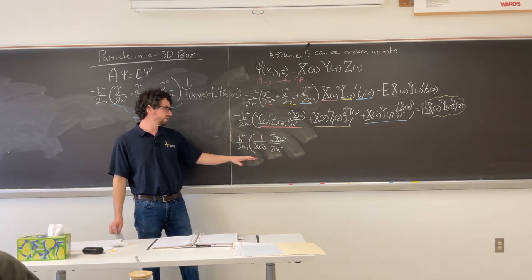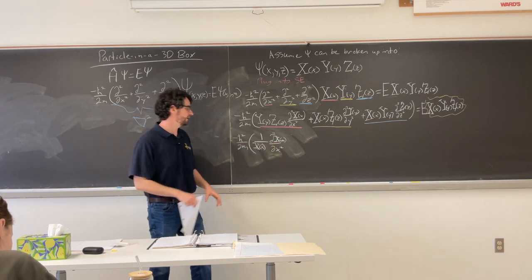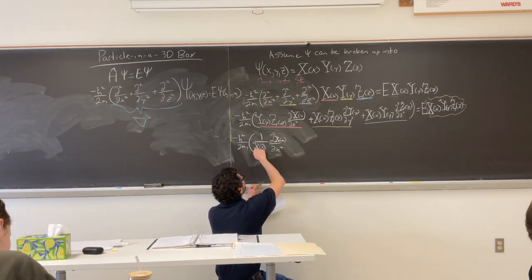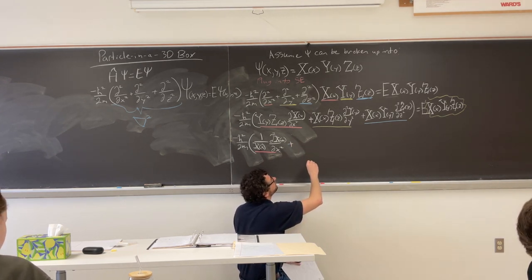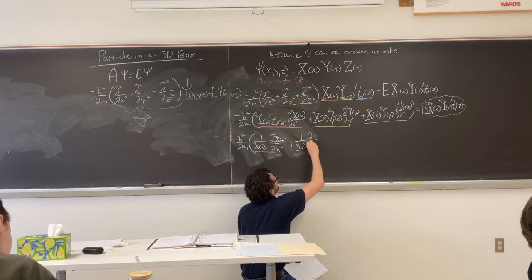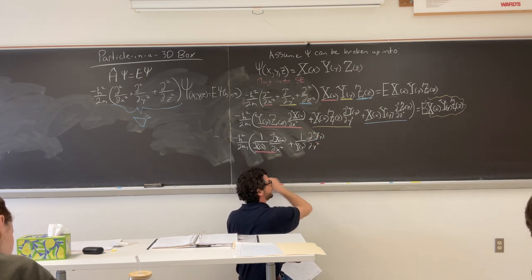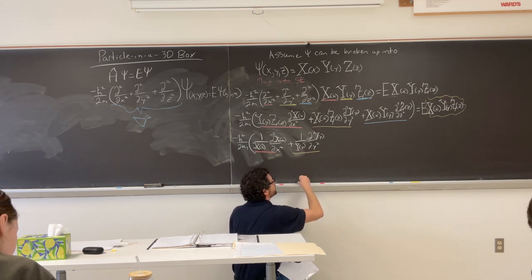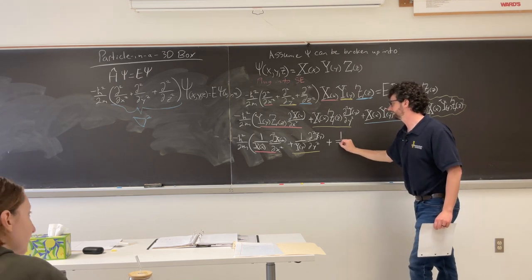But after we do the division through, what do we get here? Just X. What do you think is going to happen with the yellow term? Yep. And then what about the blue term? Yep, just Z.